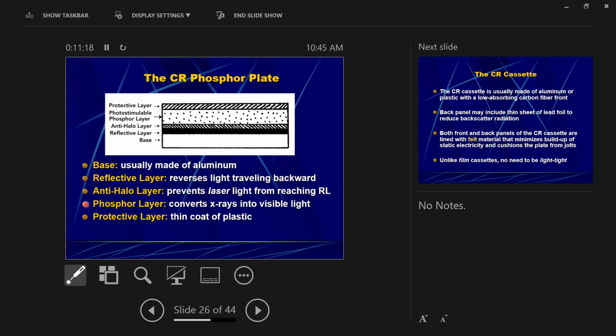This will take the X-ray exposure and it will hold on to it until the plate gets into the processor, okay? And then the X-ray energy is released as visible light, okay?